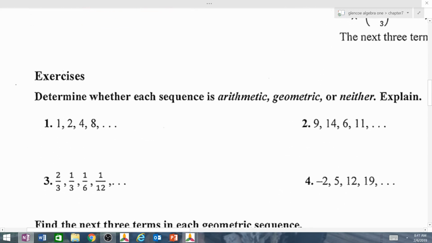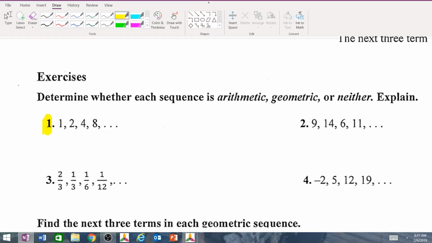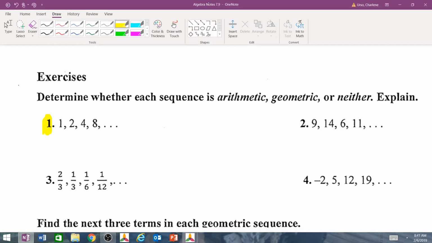How about number 1? Determine whether each sequence is an arithmetic, geometric, or neither. So we have 1, 2, 4, and 8. It's a geometric sequence and we're multiplying by 2.